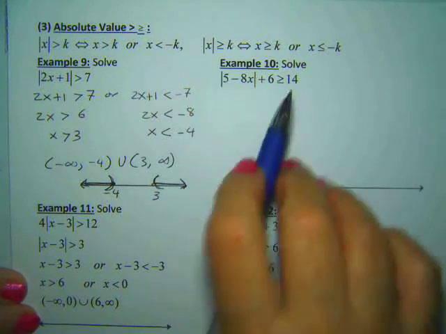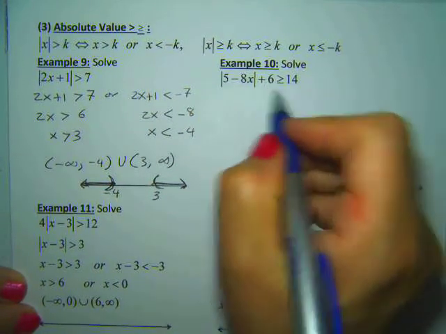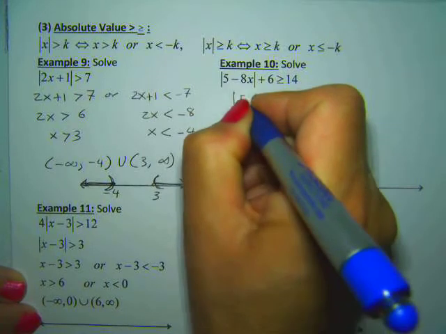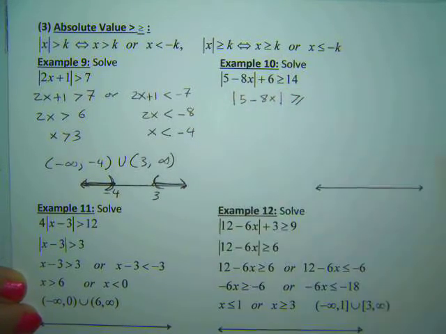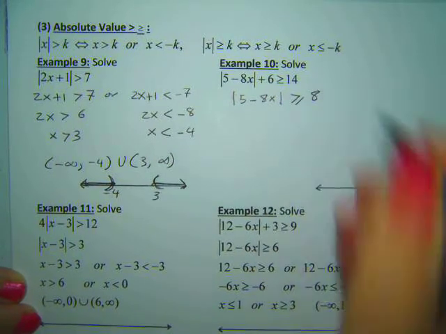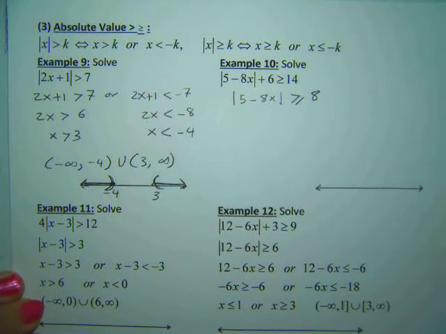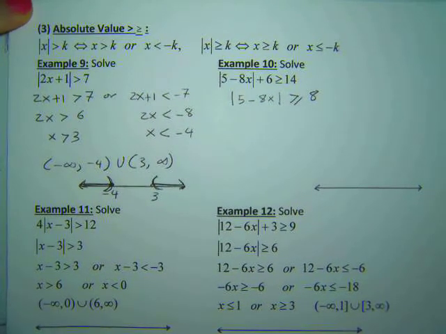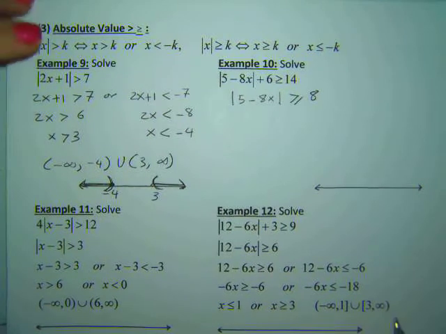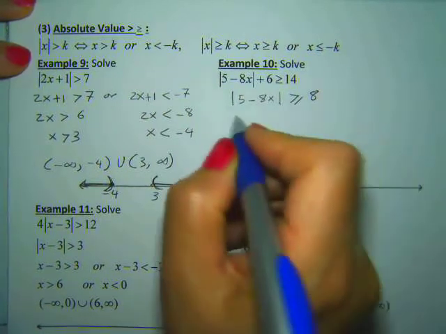Okay, let's do this one. First, we need to subtract the 6. So I have 5 minus 8x is greater than or equal to, subtract 6, you get 8. Okay, now let us continue solving. So it is a greater than or equal. Two inequalities.